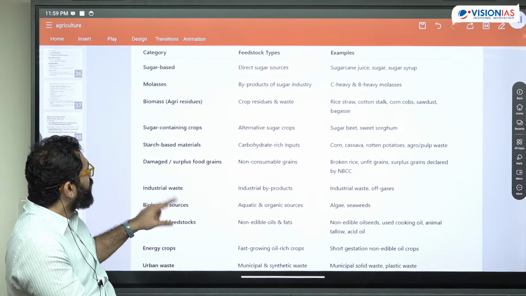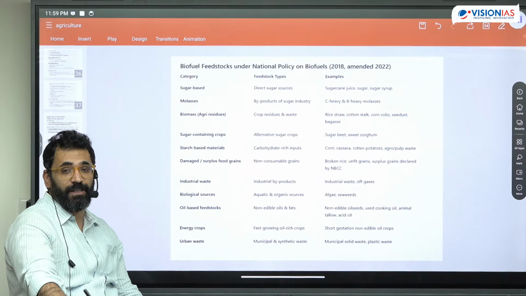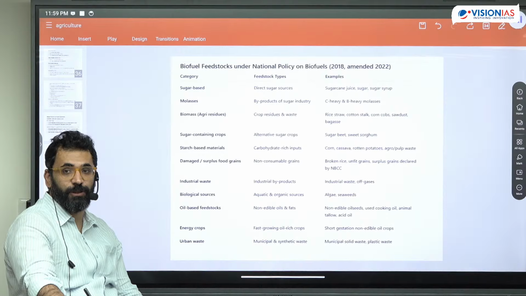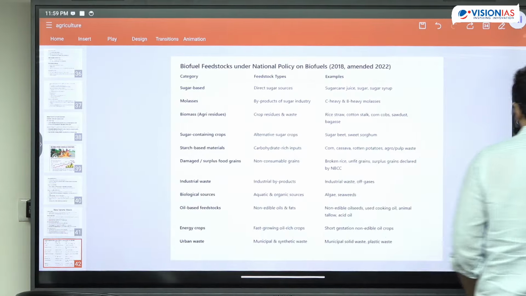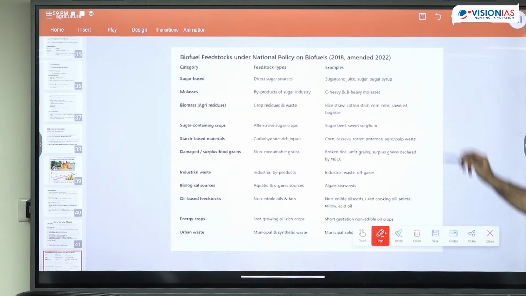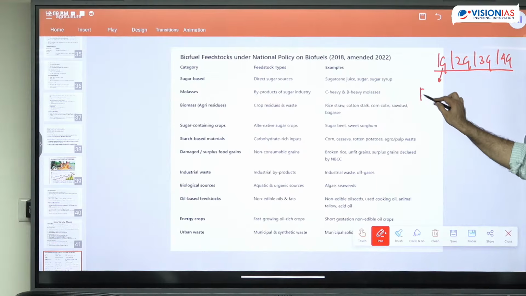One more thing. These are the sources from which ethanol can be produced as per the national biofuel policy, which was amended in 2022. Biofuel, I'll give you what exactly is done here. Biofuel has 4 sources.